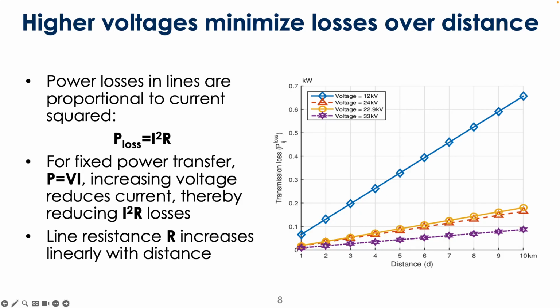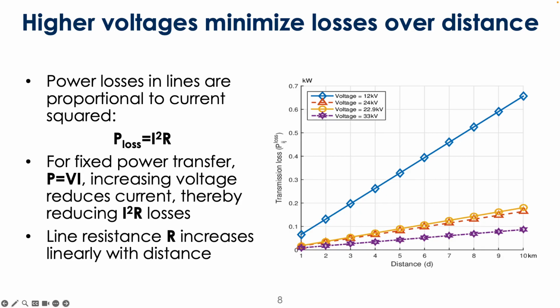Resistance increases linearly with distance, so if I wanted to look at what that power loss would look like across some distance, you can see if I were to go 10 kilometers with a 12 kV line, our distribution level voltage, you'd be losing some amount of your power in comparison to the same amount of electricity going through higher and higher voltages.